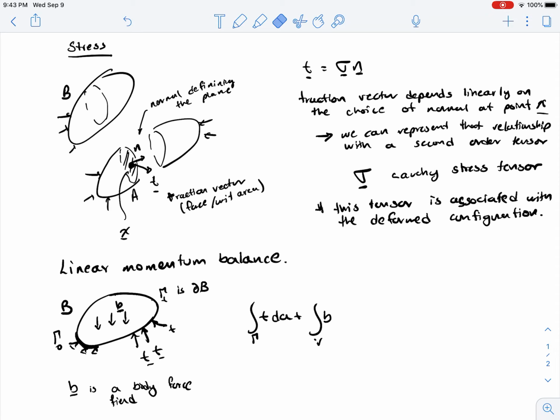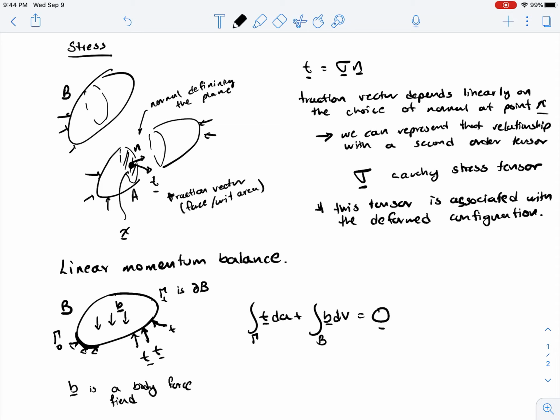That should be in equilibrium, right? So the sum of the applied external forces plus the sum of the body forces should add up to 0. And that's the linear momentum balance.